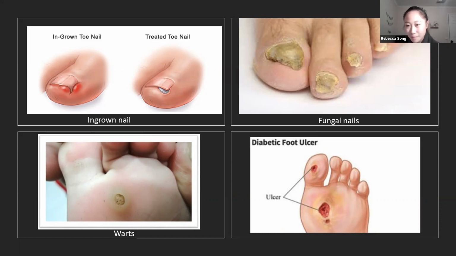Hi. I'm asking about the ingrowing nail. I have this problem, and I had an operation on my biggest toe. When I see this picture, I'm so afraid about what happened in my foot.